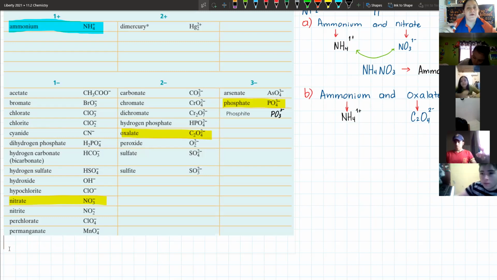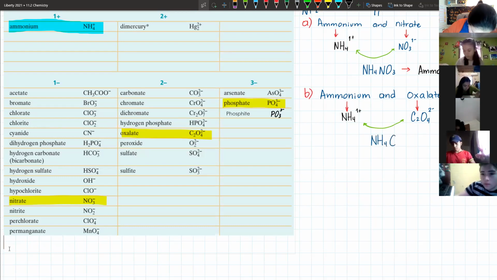But the first step, remember, is you join them with a wonderful smile. So you have NH4C2O4. And now, as you said, you put the 2 from oxalate to the other side.